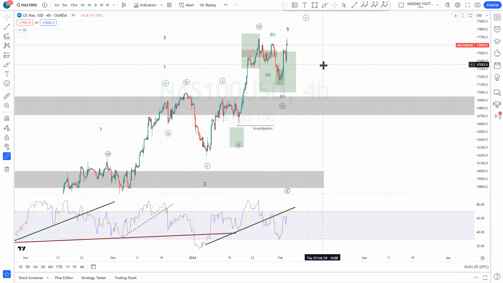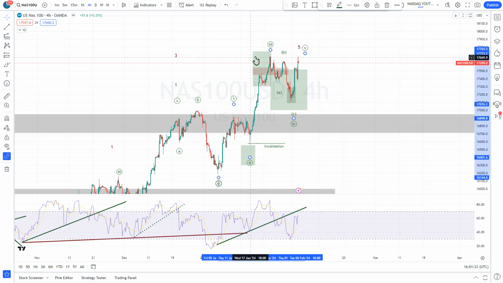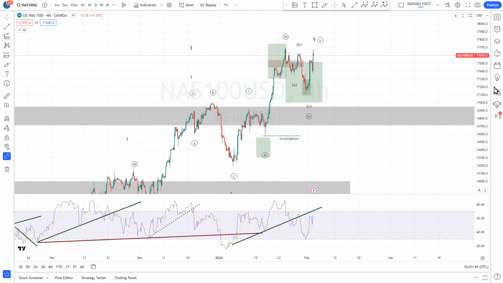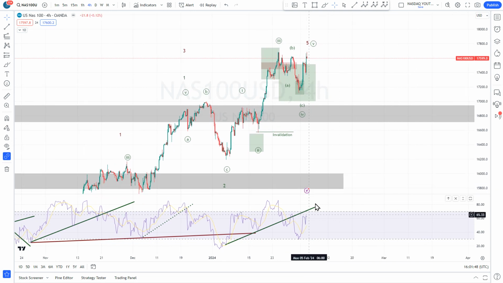And so then yesterday, Friday, we made a marginal new high. So that would actually mean that we fulfilled the minimum requirement for a wave 5. So we have to take out the wave 3 high, and this is what happened on Friday, so yesterday. So we also have our divergence here.